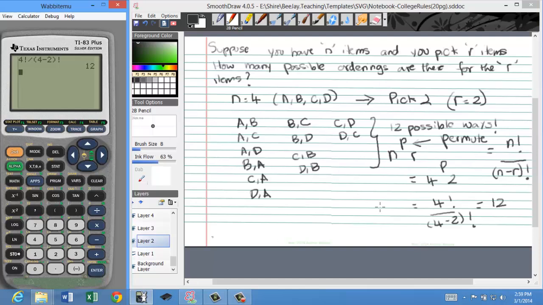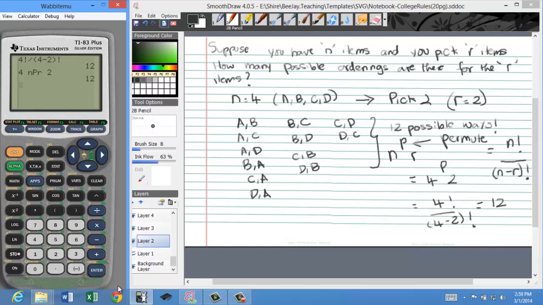So if we want to find 4P2, what you can do is press 4, math, over to option 2 that brings us nPr, then press 2. 4P2 is 4 nPr 2 on the calculator, and I press enter, I get the same answer.